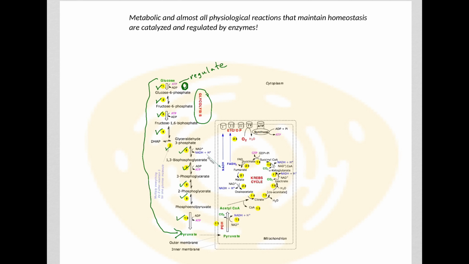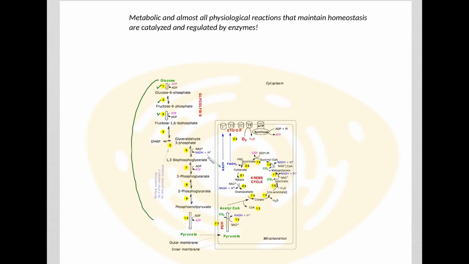If the cell wants a reaction to go slower, then the enzyme is regulated so that the reaction goes slower. So by controlling or regulating one or more of these enzymes, we can regulate how fast glucose is going to be broken down into pyruvate.